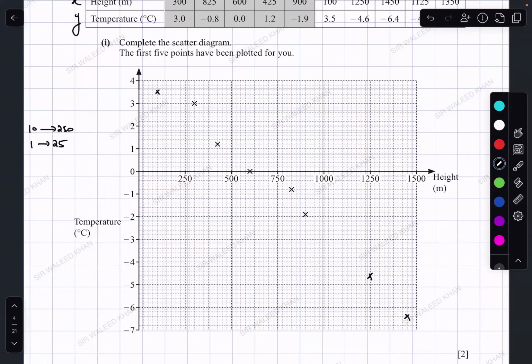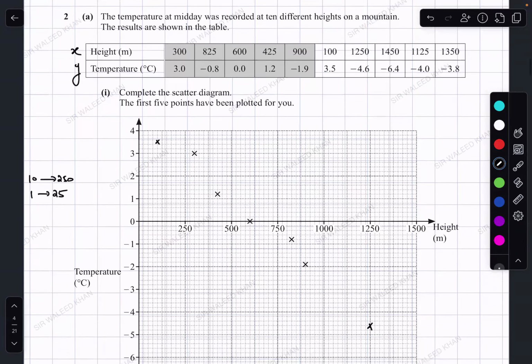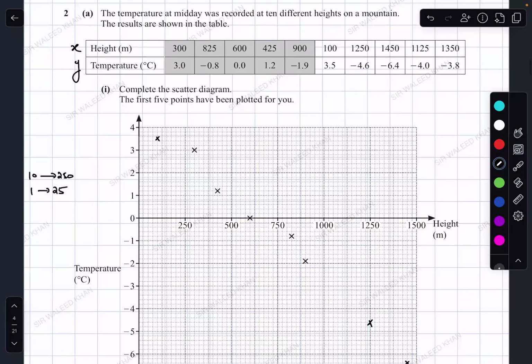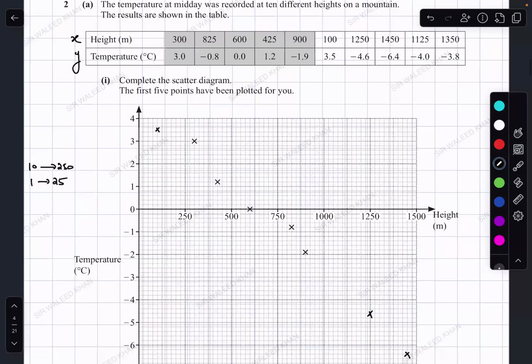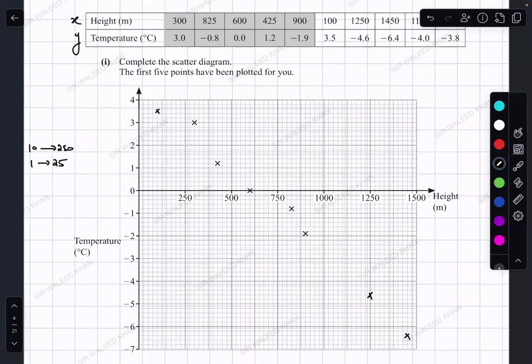This one. Okay. Next, do you have any? Yes, 1125 and negative 4. I'm just marking it as well so that you have a good idea where I am putting the values.